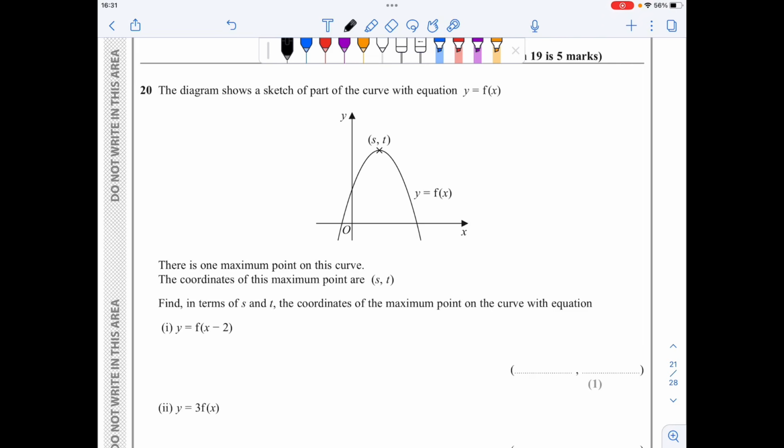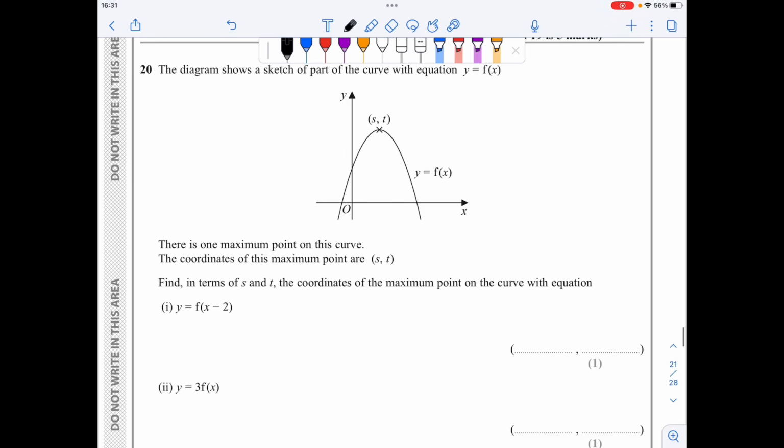In question 20, I have two transformations. The first one is a translation by 2 units to the right, and the second one is a stretch along the y-axis by a scale factor of 3.